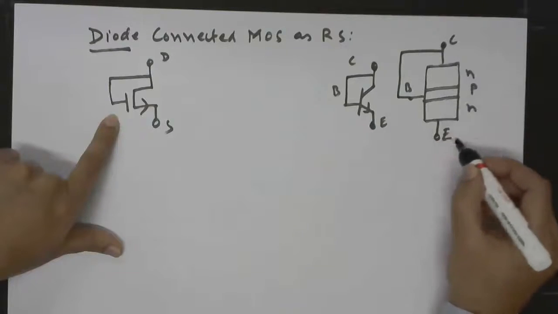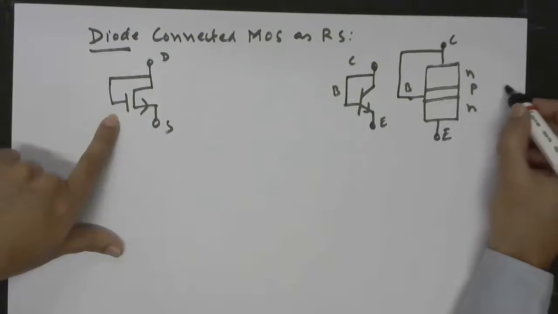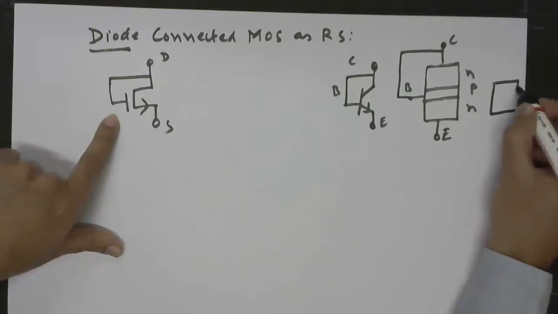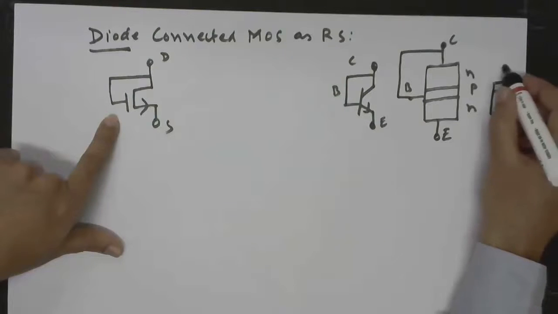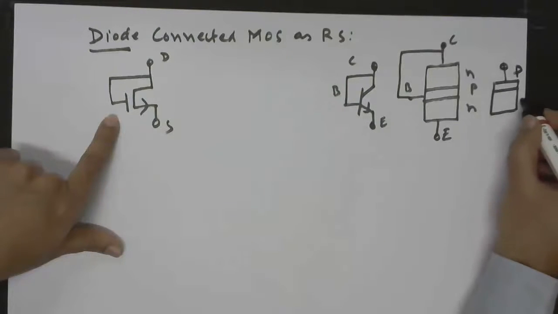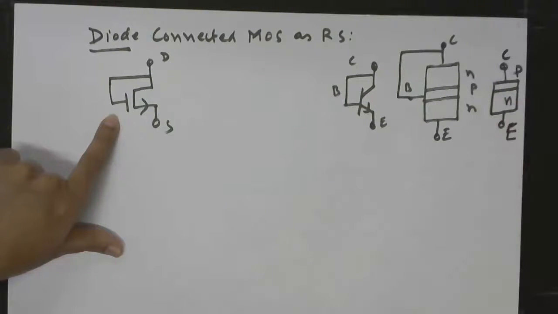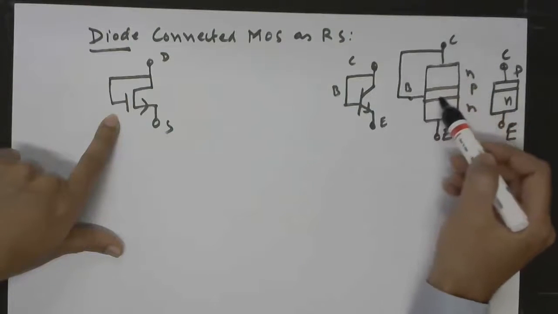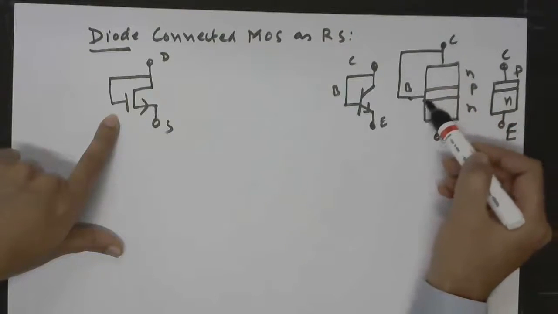So this structure now behaves like a diode. So here you have this P, and here you have N, and this is your emitter, and here you have collector. Because any current flowing from here will now be dictated by this junction.